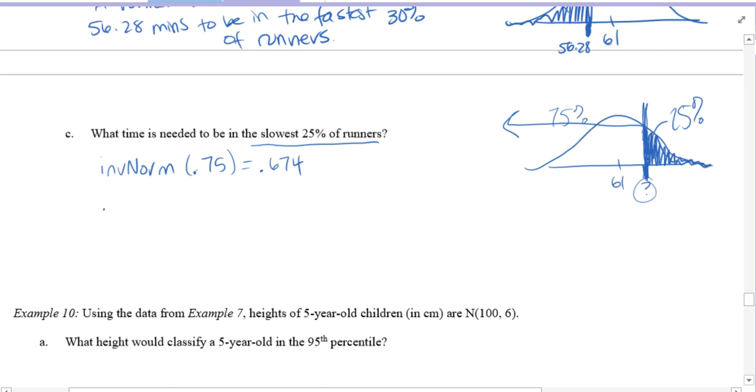We're going to set this up with our z-score formula. That's a z-score. We're going to find the value. The mean is 61, and we're dividing by a standard deviation of 9. So multiply by 9, add 61. Go ahead and solve that. So we get 67.066 minutes.